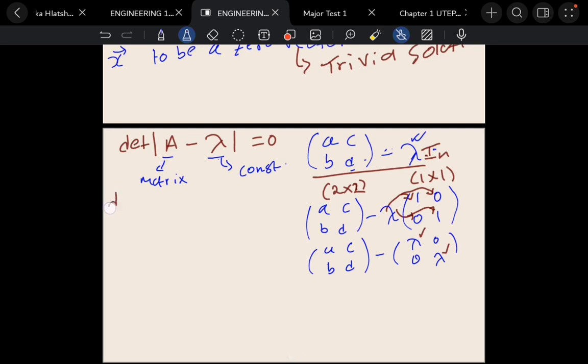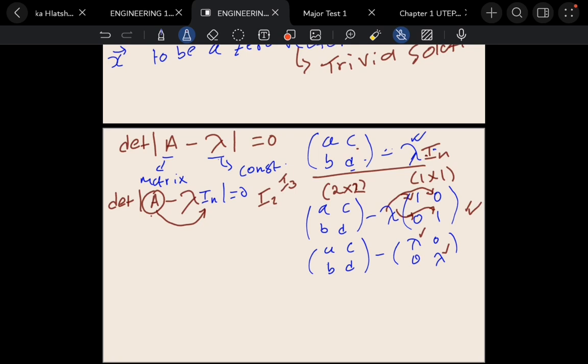So here now I'm going to have the determinant of A minus lambda I_n is equal to 0. It's going to depend on the order of matrix A what n is going to be. So for a 2 by 2 matrix, I'm going to have I2. For a 3 by 3 matrix, I'm going to have I3, right? It's not always going to be a 2 by 2 matrix that I'm going to multiply lambda by.